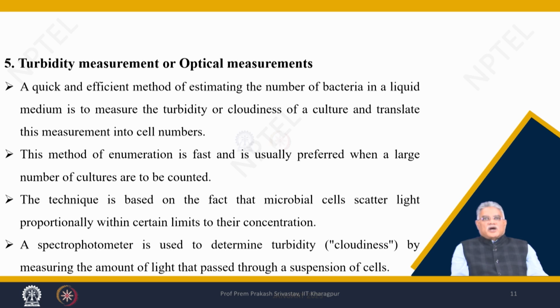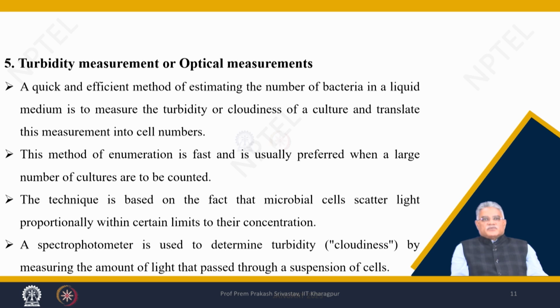Turbidity measurement or optical measurements. A quick and efficient method of estimating the number of bacteria in a liquid medium is to measure the turbidity or cloudiness of a culture and translate this measurement into cell numbers. This method of enumeration is fast and usually preferred when a large number of cultures are to be counted.